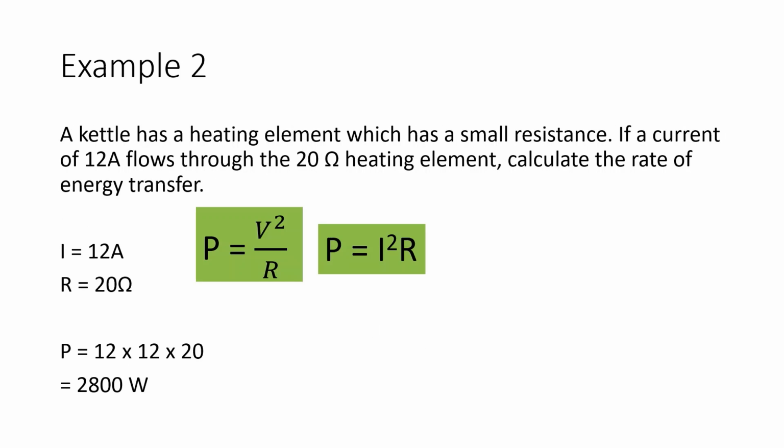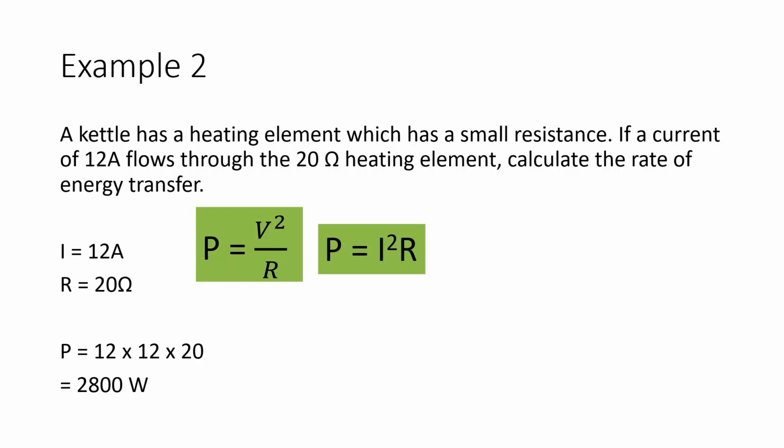For example 2, you've got a kettle that has a heating element and it has a small resistance. If a current of 12 amps flows through the 20 ohm heating element, calculate the rate of energy transfer. Now the rate of energy transfer is power, because rate means divided by time, and energy transfer is moving from points A to B. So we need to use energy divided by time, which is power.